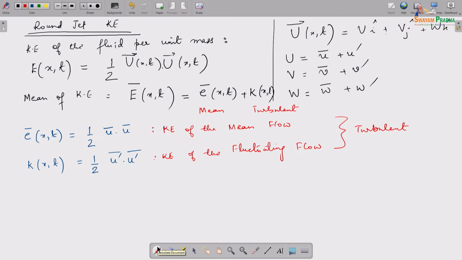Now, before I go on, I'm using this x t, which essentially means that I am looking at the kinetic energy in the x direction.